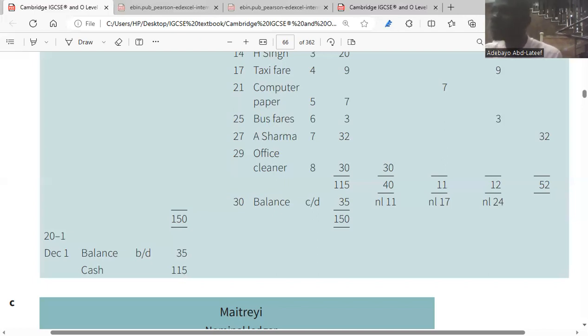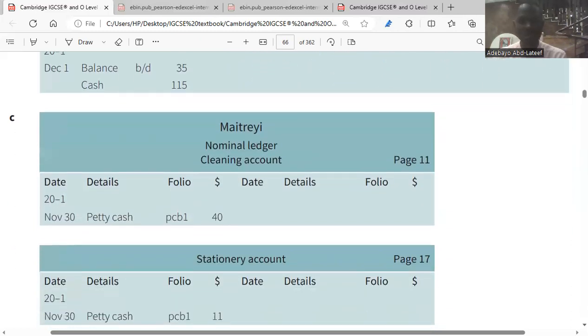So in December, we're going to have an inflow of 150, but we have a balance carry down of 35, so it becomes our balance brought down in December. So we're going to add 115. Yes, you have to take 115 from the balance carry down. That will give us the cash that we're going to have in December. Is it clear? Any question about that?